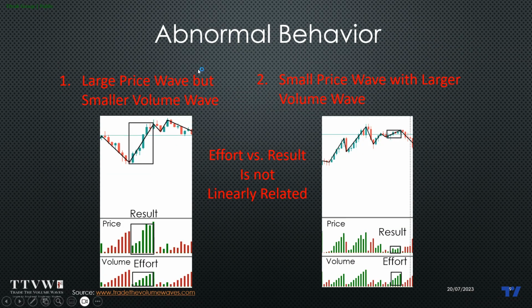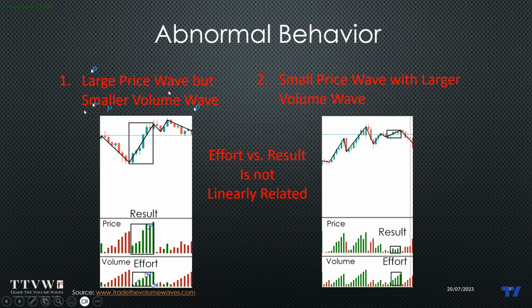Right here we got two situations of abnormal behavior. Number one, we got a large price wave but a smaller volume wave. That's the effort according to Wyckoff, and that's the result. With small volume, we had a big result.